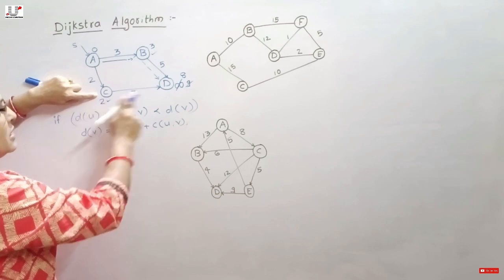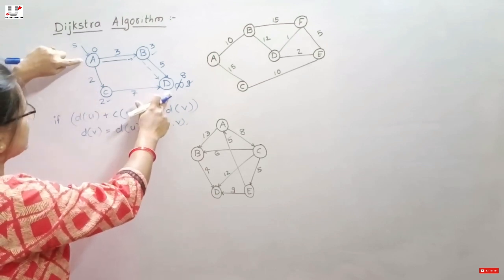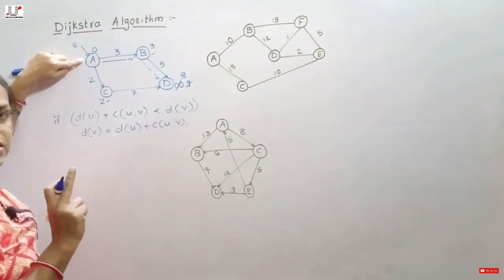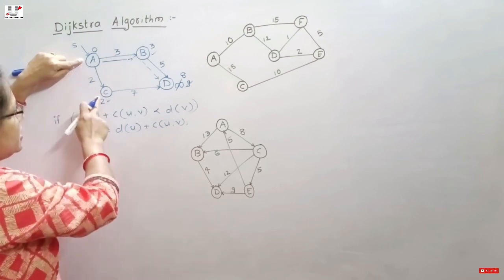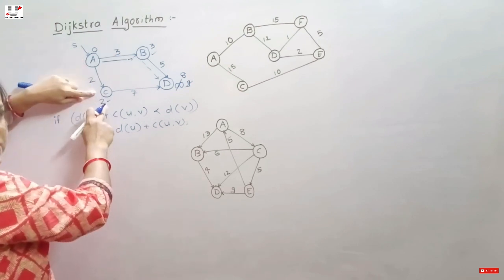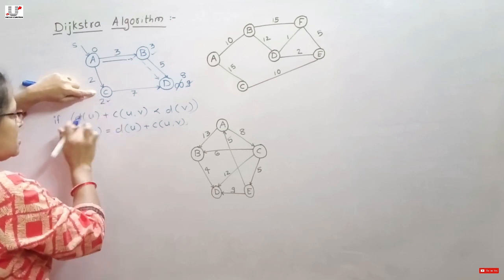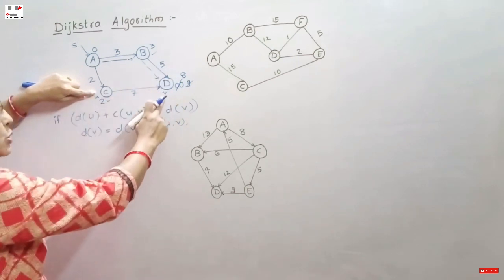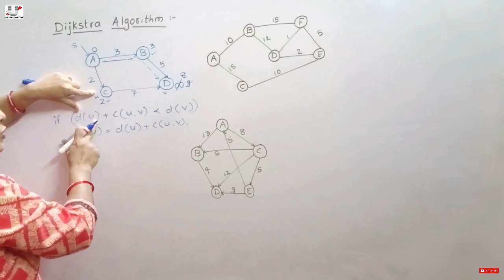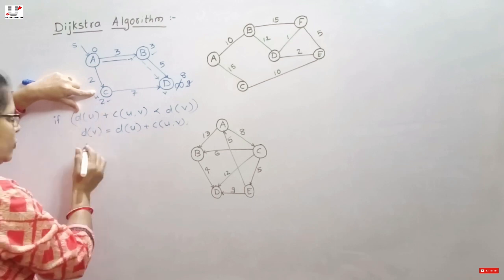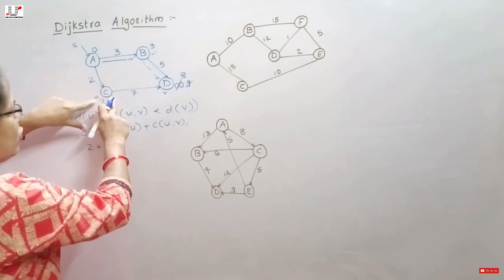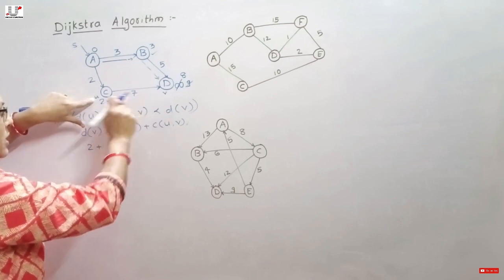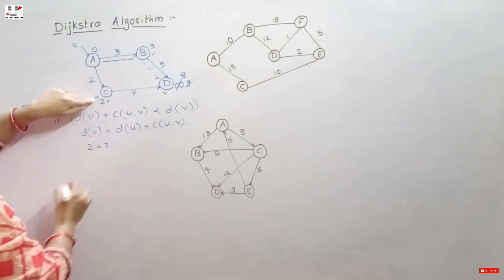In this graph, as there is no direct edge from starting vertex A to D, Dijkstra says first select the shortest path. Here the shortest path is from A to C, and its shortest distance is 2. So we mark C as u and destination D as v. Now the distance of u is 2, plus cost of uv. The weight between u and v is 7, so 2 plus 7 is 9.